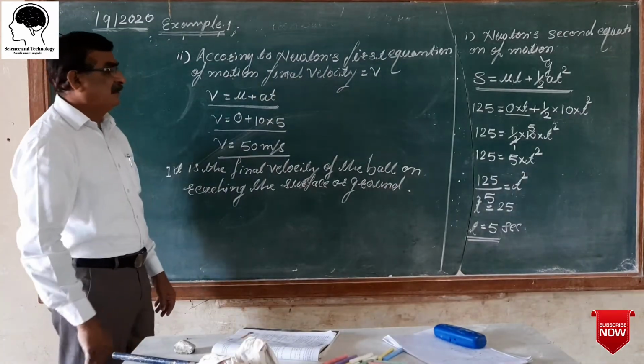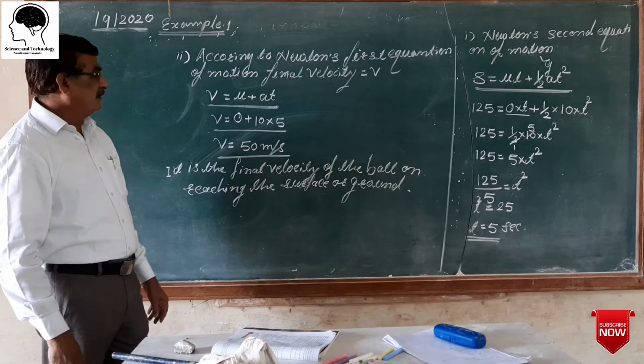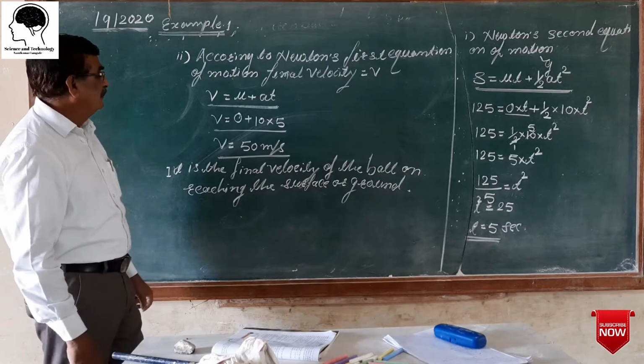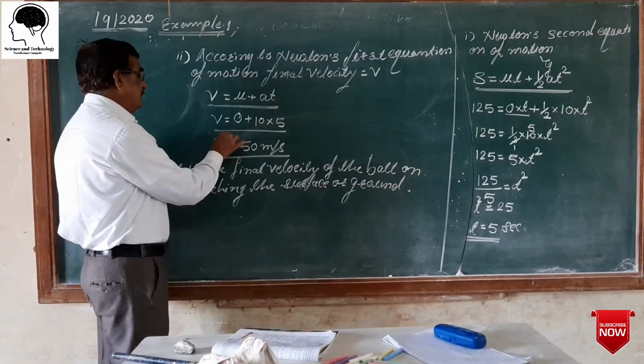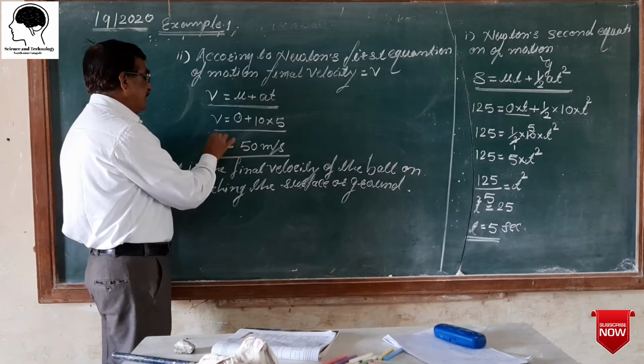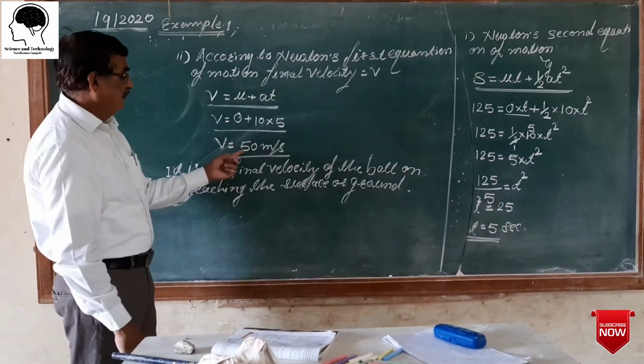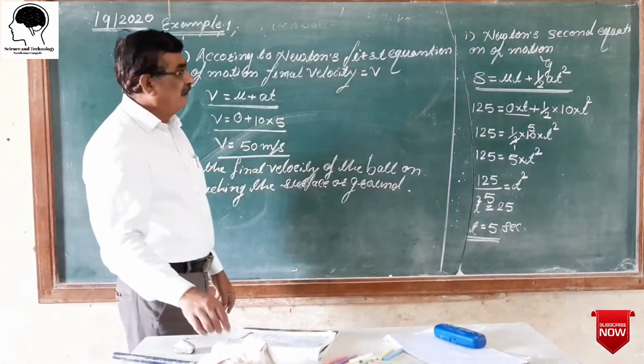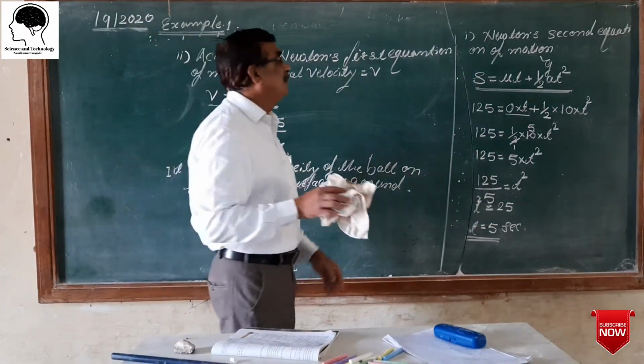Then we get the answers of the two questions. Time required in total is 5 seconds, and the velocity when it reaches the ground is 50 meter per second. Now we have to turn.